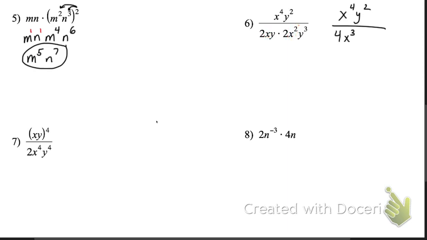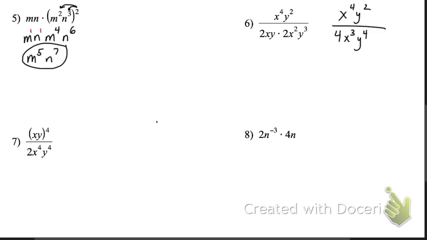And then y times y to the 3rd is going to give me a y to the 4th. Okay. So the numerator is simplified, the denominator is simplified.